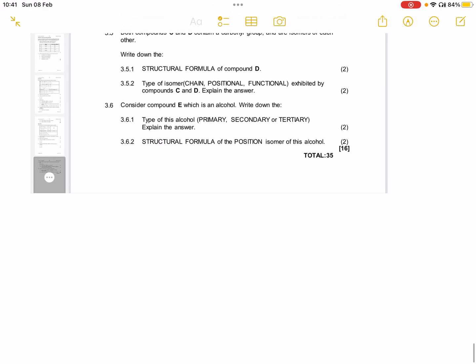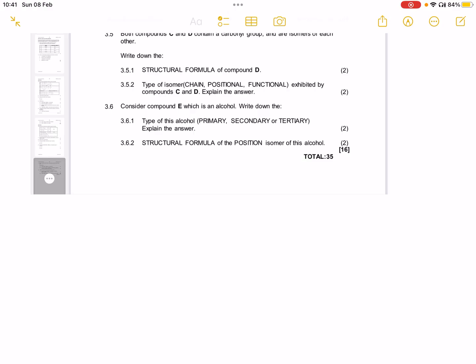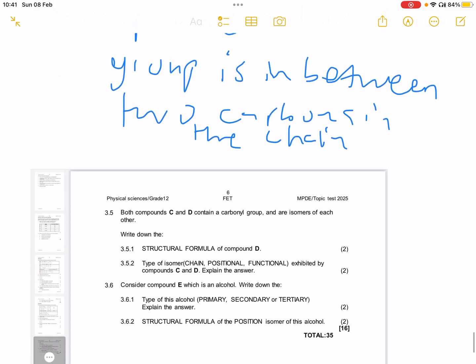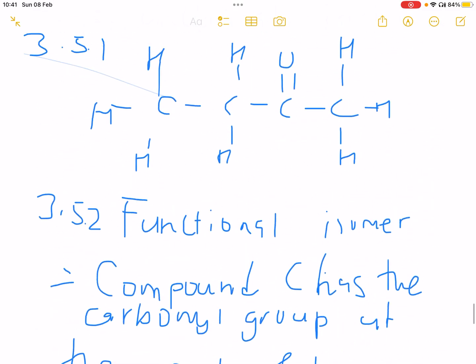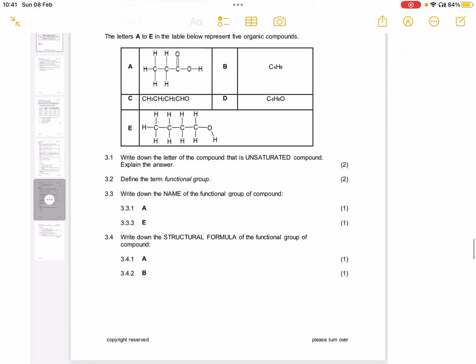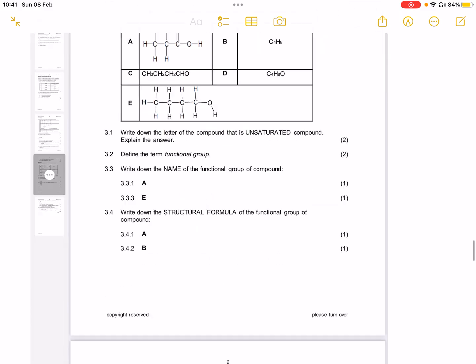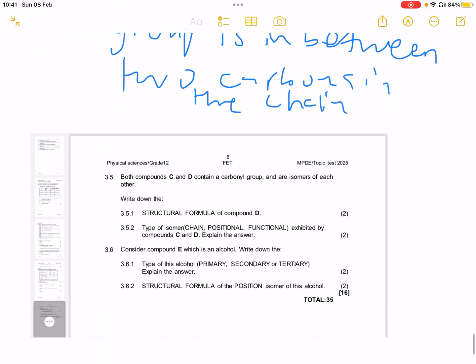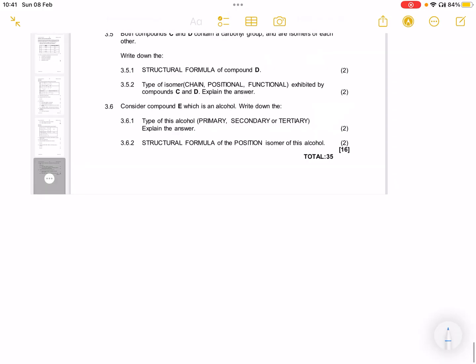Okay, that's 3.6.1. Consider compound E. What type of alcohol is compound E? You can see the hydroxyl is on the first carbon, so that's a primary alcohol.